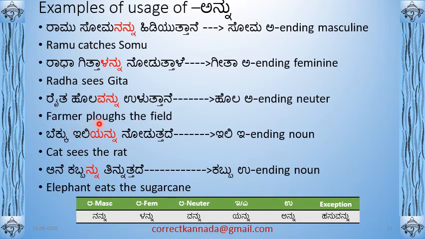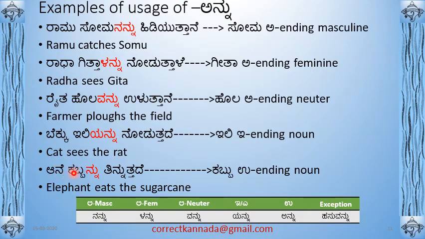Farmer plows the field. Next. Bekku iliyannu noduttade. Right? So ili is an i-ending neuter because ili means rat. So yannu, iliyannu. Okay, cat sees the rat. Noduttade is here. Uluttane is to plow. Ulu is to plow.